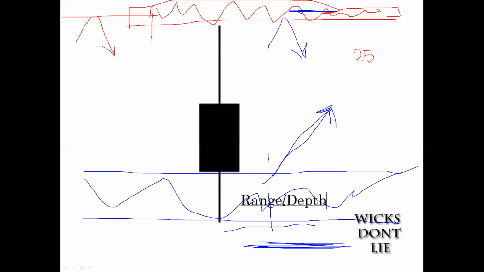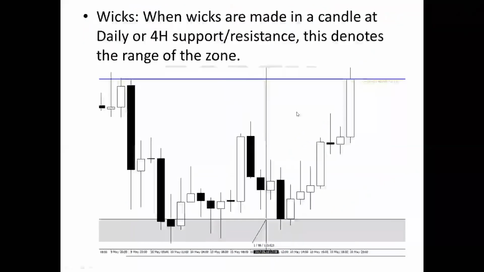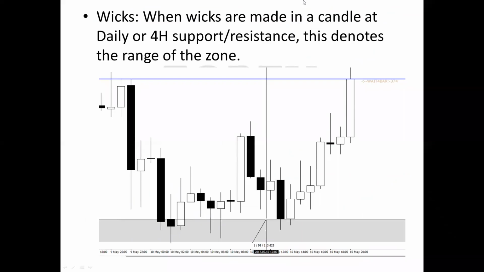All right, so let me just clear all these drawings. All right, off to the next one. Okay, now this is where things get really, really fun. This is what I love. Now, wicks. When wicks are made in a candle at daily or 4-hour support resistance, if anyone talks about 15-minute or 5 minute or 30 minute, I'm going to remove you from the webinar.